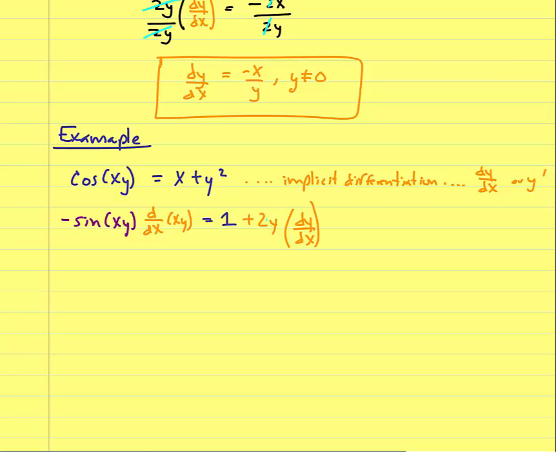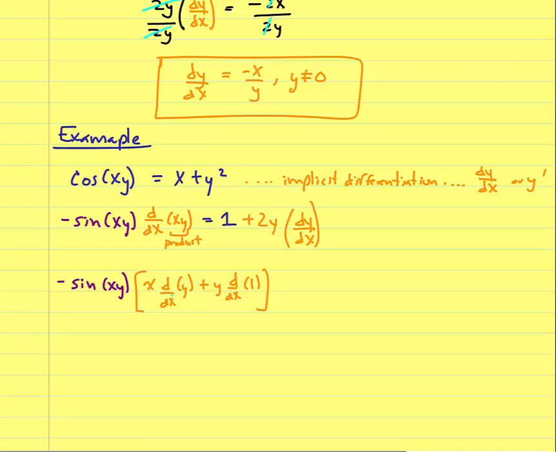Okay, so now on the left hand side I have a little bit more work to do. I need to take that derivative. So I'm going to put up a big set of brackets because I'm going to have to use the product rule. So the product rule is the first function times the derivative with respect to x of the second function plus the second function times the derivative with respect to x of the first function.